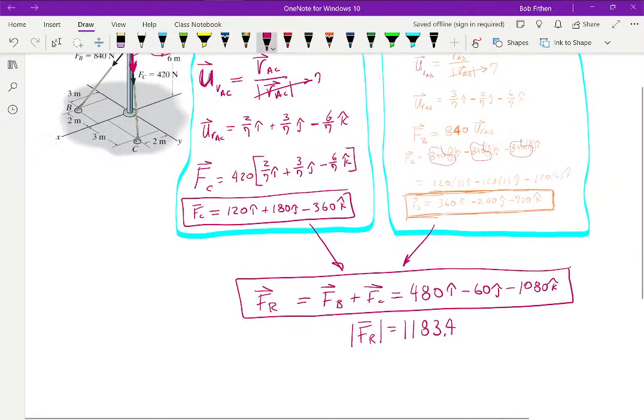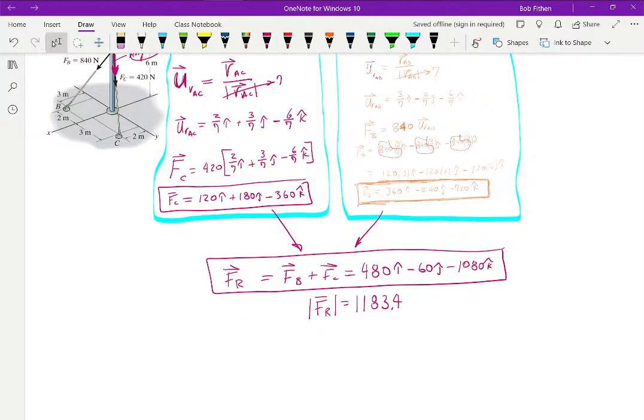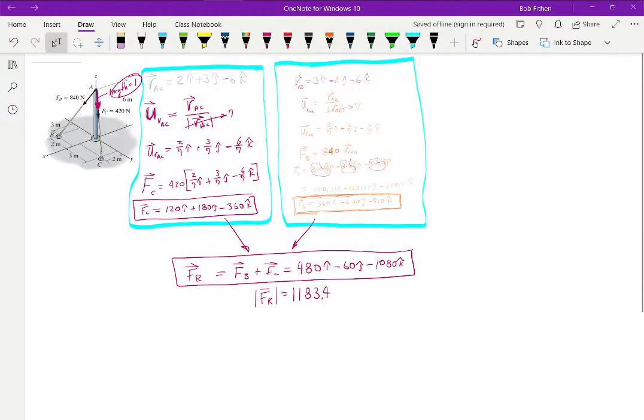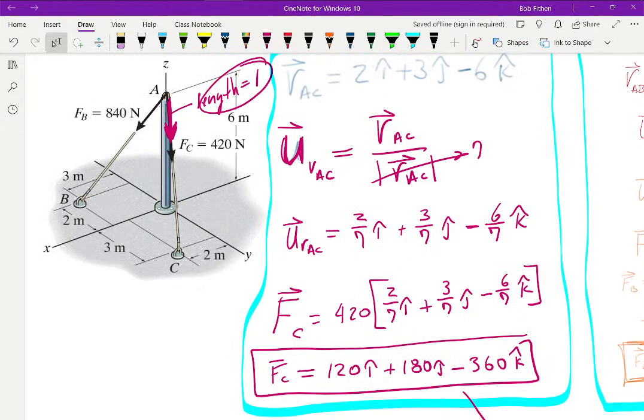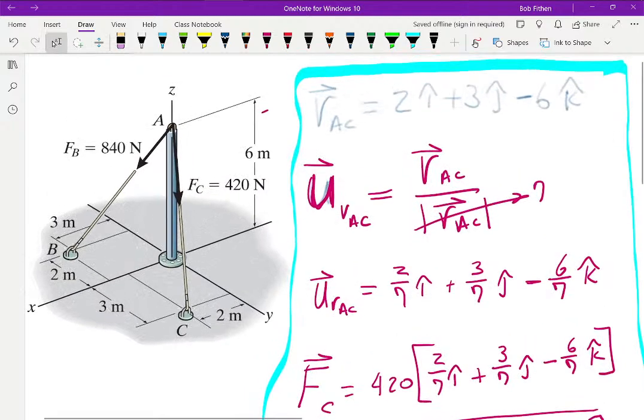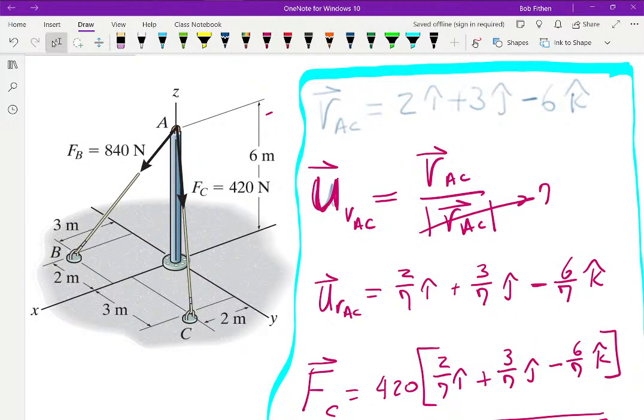Now, someone might ask you for the angles. Let me see if I can do a reasonable representation of what this would mean. It's going to take a little bit of interpretation here, so bear with me as I try to do a reasonable job of this. Somewhere, this vector might point, say, right here. Let me pause for a minute.